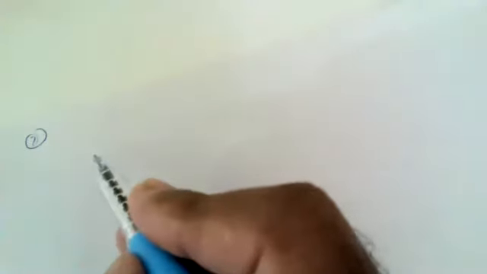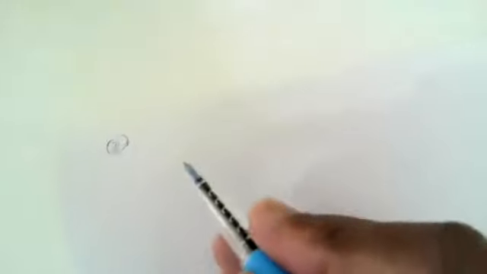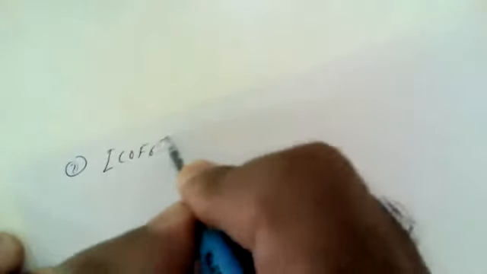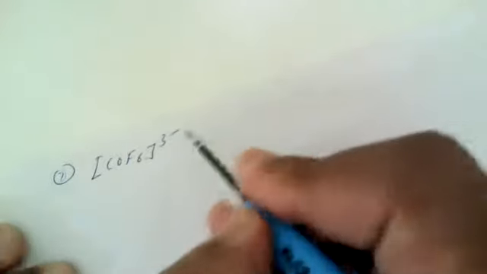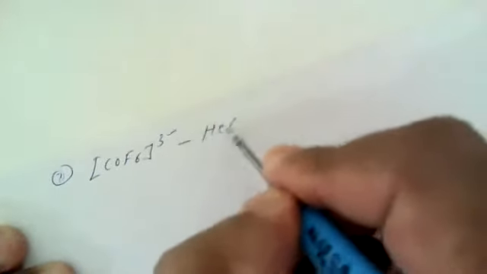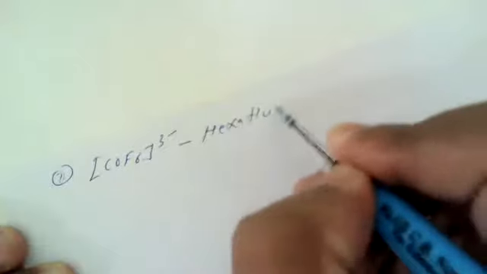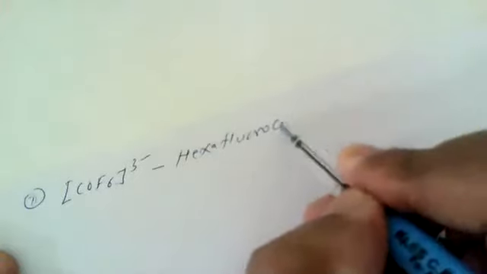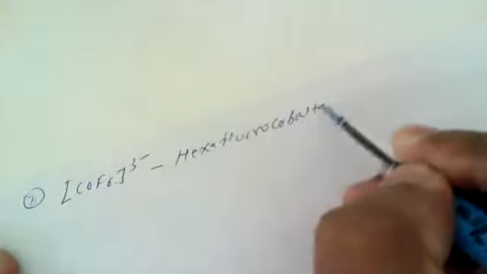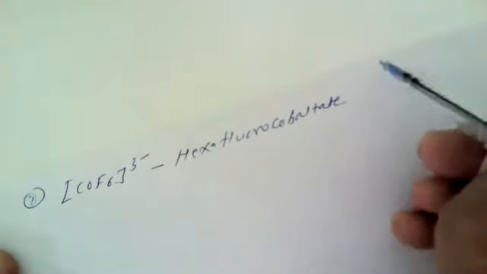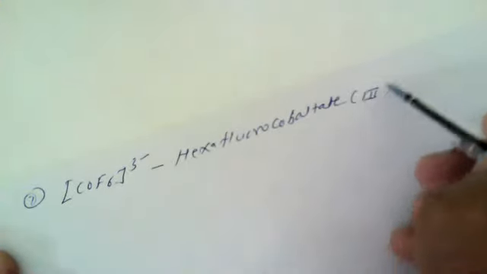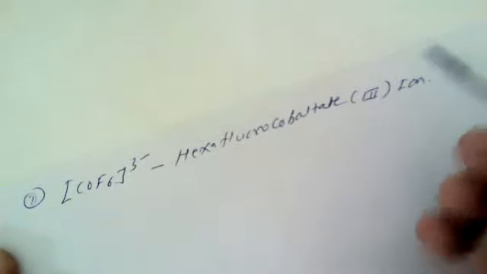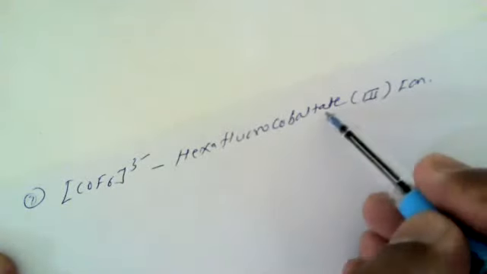So the second MO diagram is of CoF6 3 minus. The IUPAC nomenclature is hexafluorocobaltate 3 minus ion. Here the name of the metal ion ends with -ate.